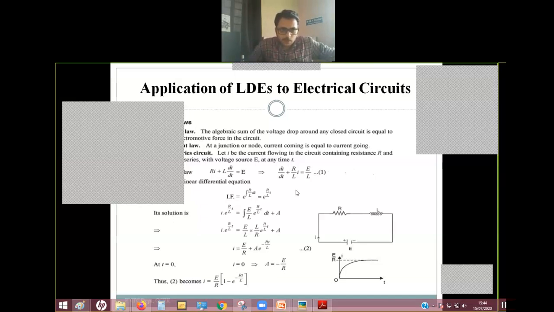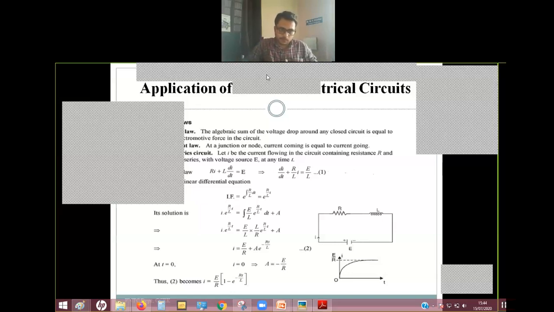Please confirm, dear students. Are you there? Yes, particular solution. If we put R, L and E values in this case, we will get a particular solution.